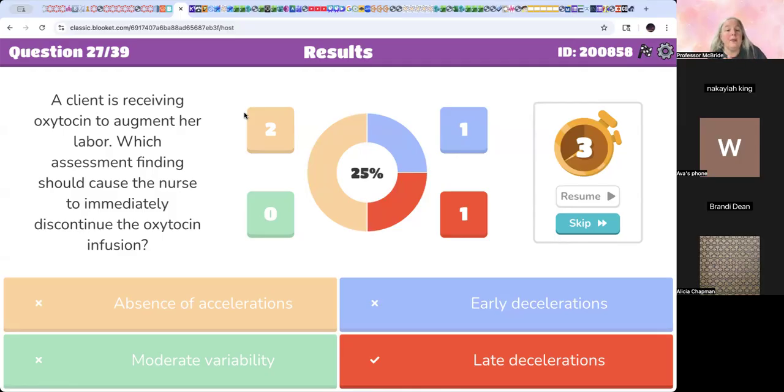So we need to discontinue the oxytocin infusion if we're having late decelerations because we're not getting good oxygenated blood to the baby. It could be because the contractions are too close together, too strong. So if I'm giving oxytocin and I see late decelerations, I should turn the oxytocin off.